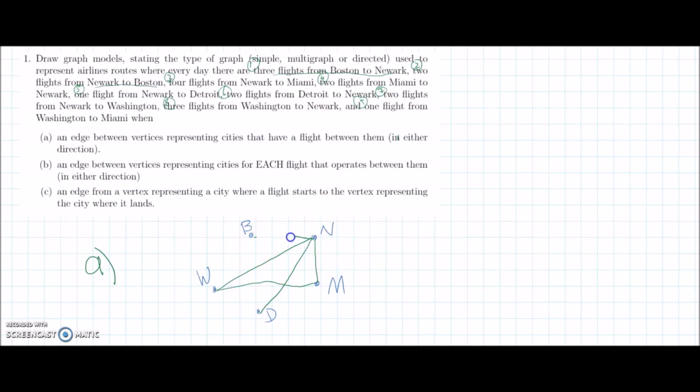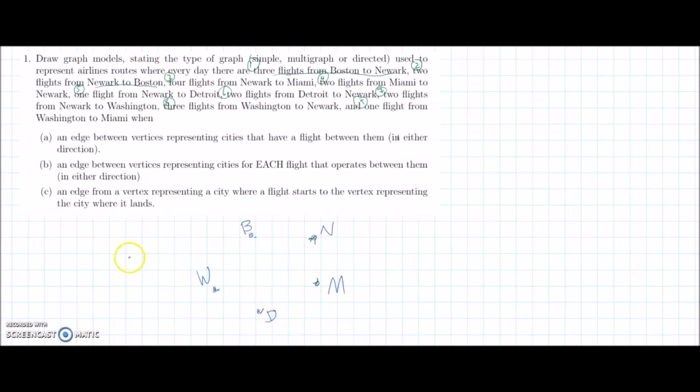Okay. Now, how does this change if we're going to do part B? Well, let me erase these edges that I have drawn in. Let me go ahead and fix my D here.